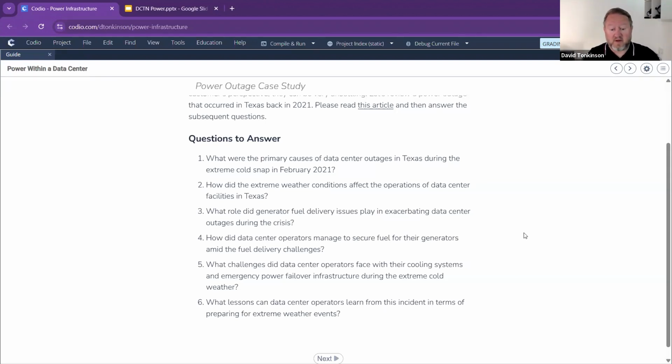There's a link for the article from Megan. Thank you very much. What role did the generator fuel delivery issue play? How did the data center operations manage to secure their fuel? How did they go about that? How did they make sure their systems were up and running? And essentially, what lessons can you read from that?